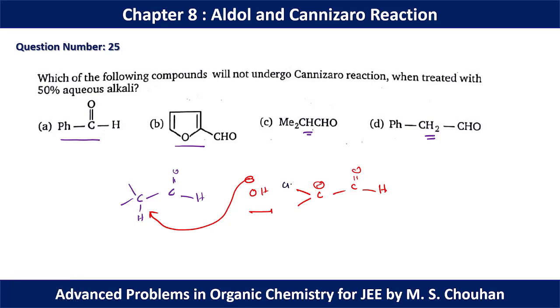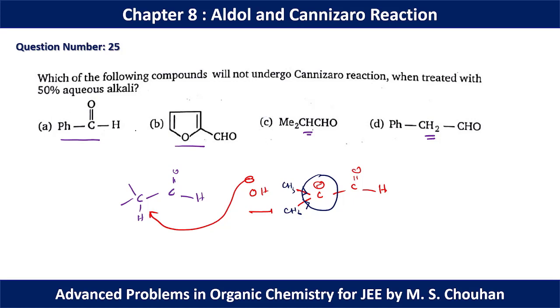Here we have 1 methyl group, here another methyl group, and the plus I effect of the methyl groups will make this negative charge very unstable. So it is not a good approach for the aldol reaction, because the initially formed carbanion is not that stable. That's why we can say that this molecule C also will give the Cannizzaro reaction.